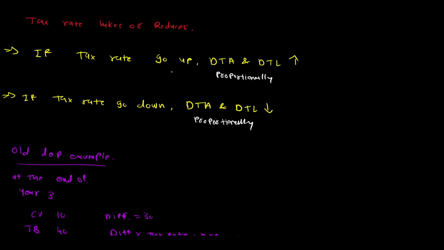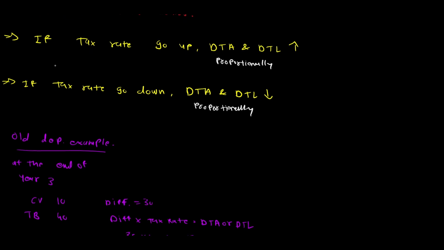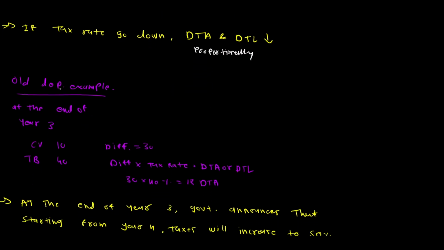So the understanding is, if the tax rate goes up, DTA and DTL will go up proportionally, and if the tax rate goes down, DTA and DTL will go down proportionally to the tax rate. Let's understand with an example.